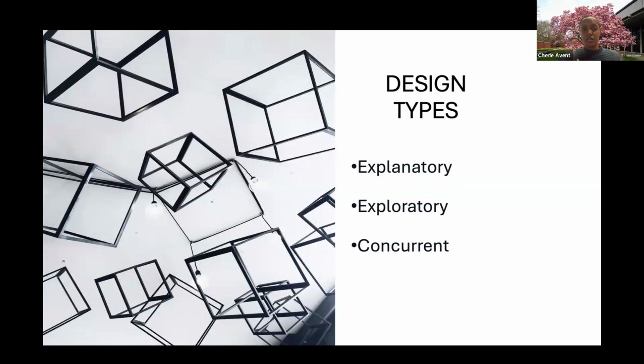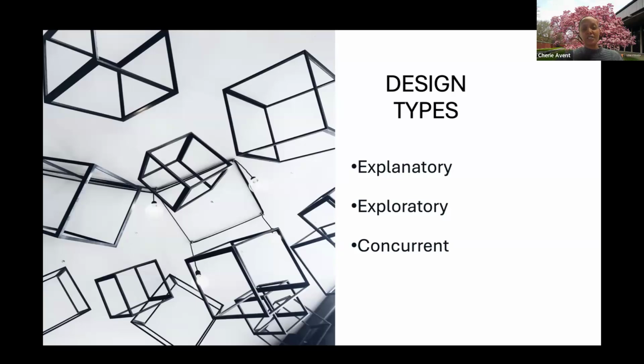Those two are used interchangeably depending upon where you are, but know that concurrent and convergent are talking about the same mixed methods design type. Your explanatory and exploratory design types are sequential, which means one builds on the other.